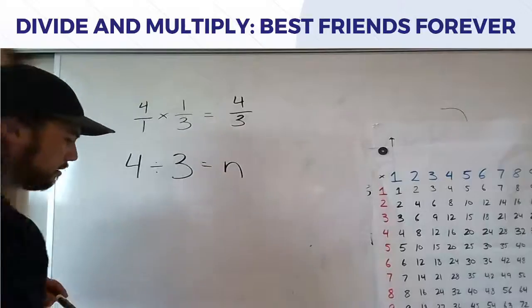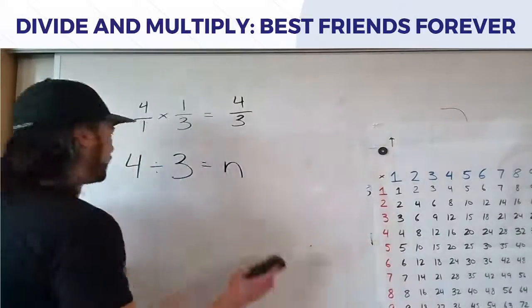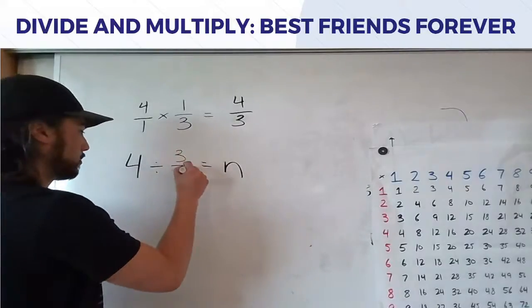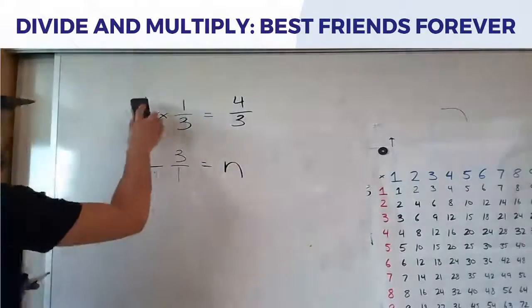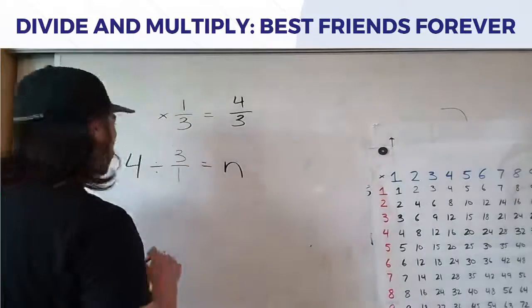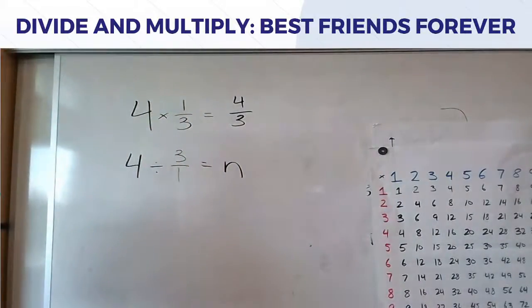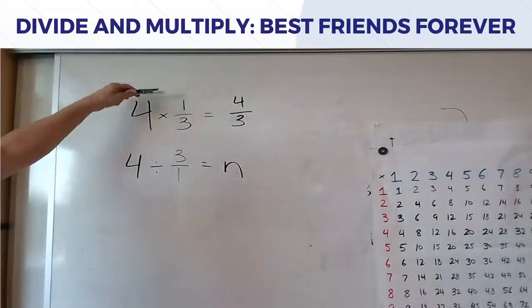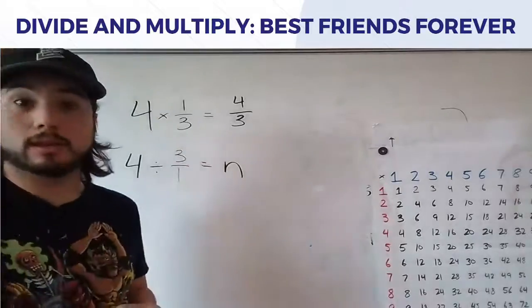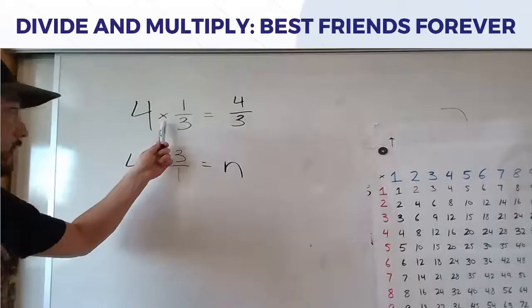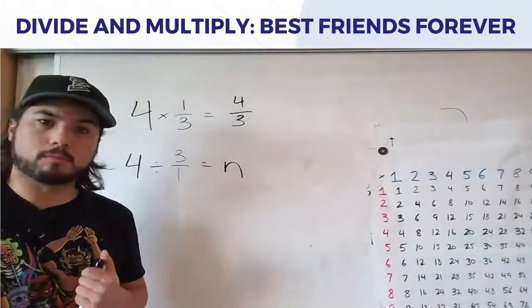I'm saying 4 divided by 3 wholes is the same as 4 times 1/3. So essentially all we're doing here is switching the positionality of the numerator and the denominator, and we're switching to the inverse operation.